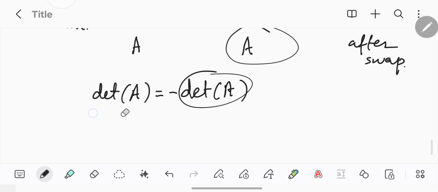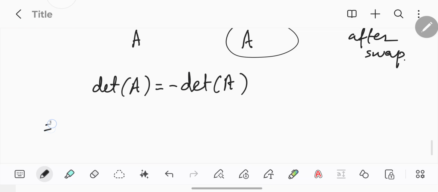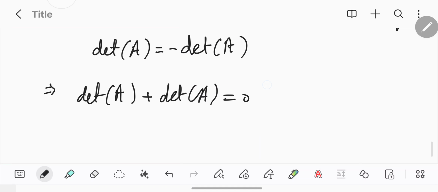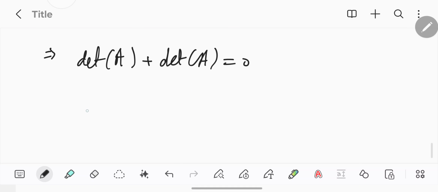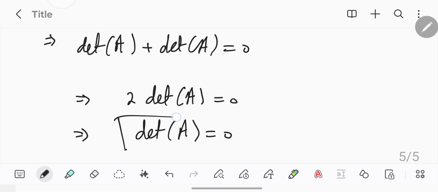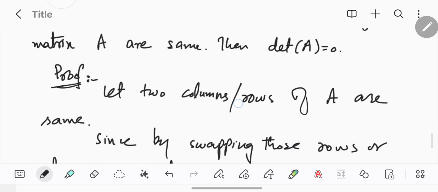Since both are the same, I can write determinant of A plus determinant of A equal to 0. I will shift this term here, and here I get 0. This is 2 times the determinant of A, so 2 times determinant of A is 0. Since 2 is not 0, this means determinant of A is 0. Hence, our claim is proved.